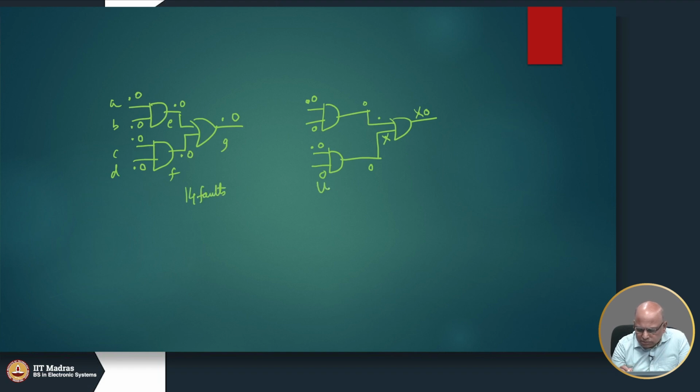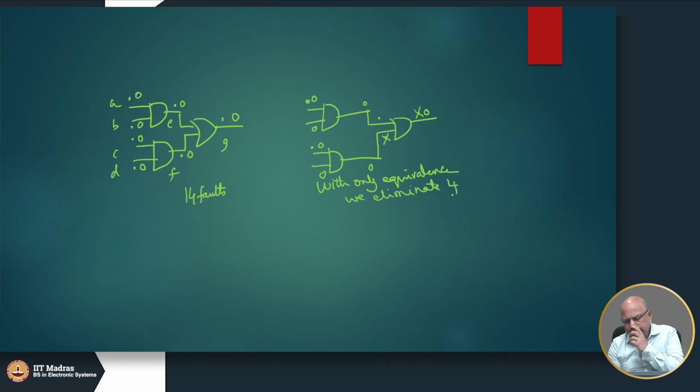With only equivalence, we were able to reduce: 3 plus 3 is 6, 8, 9 and 10. We eliminated 4. We may be able to eliminate more using dominance.